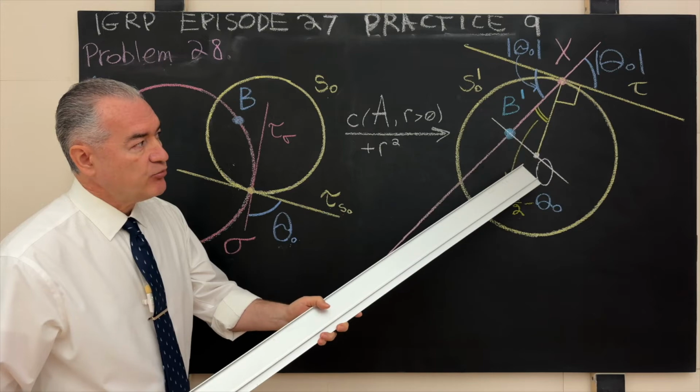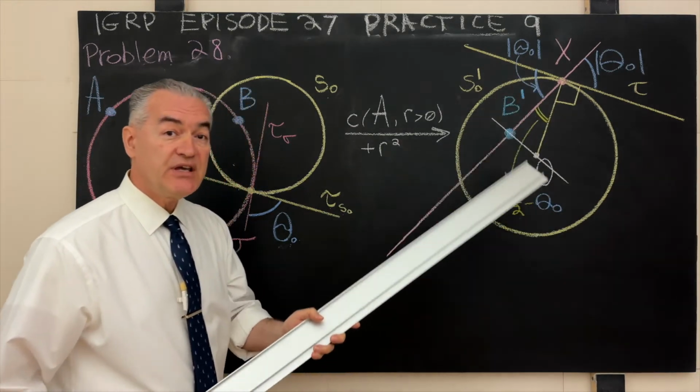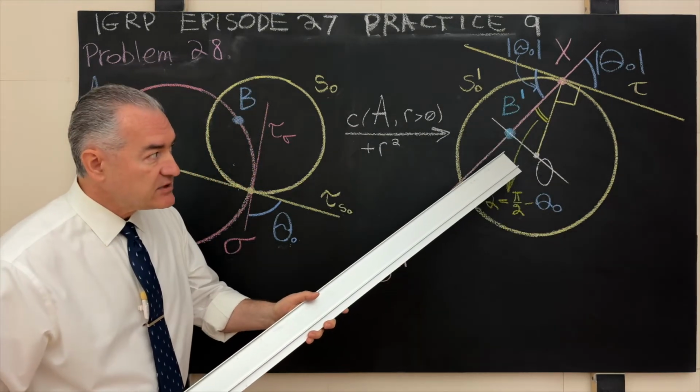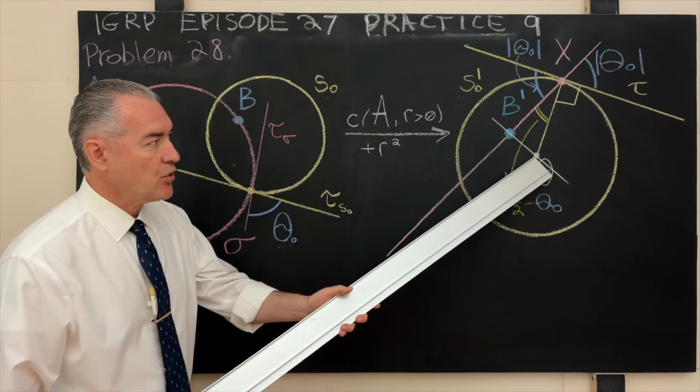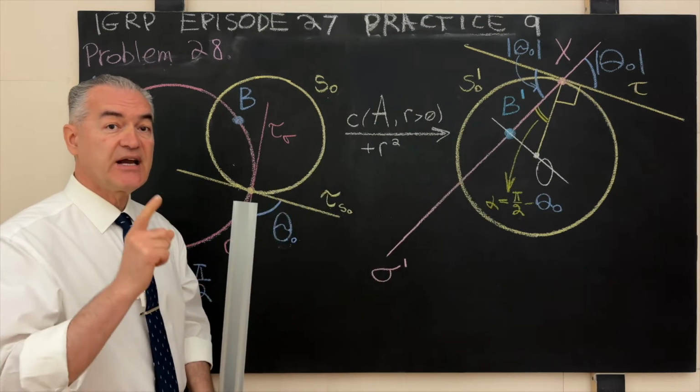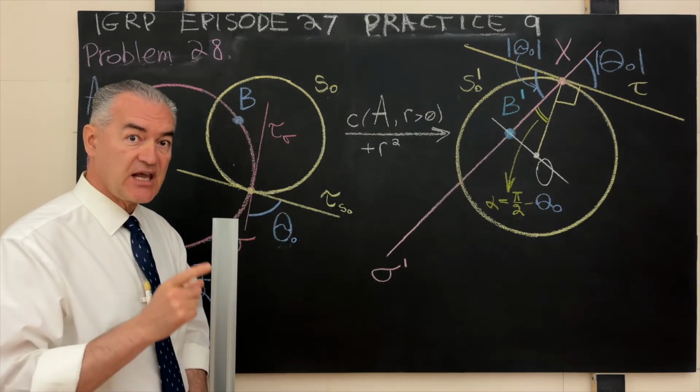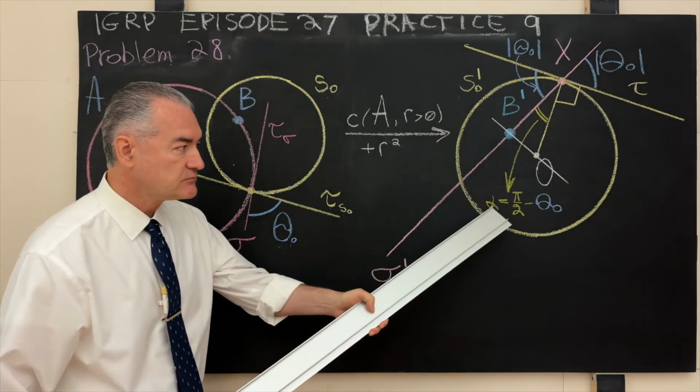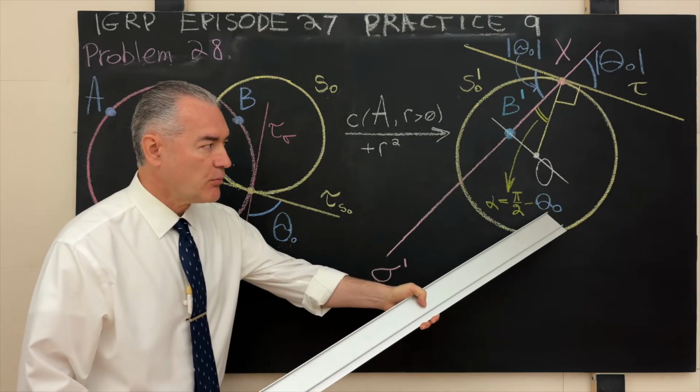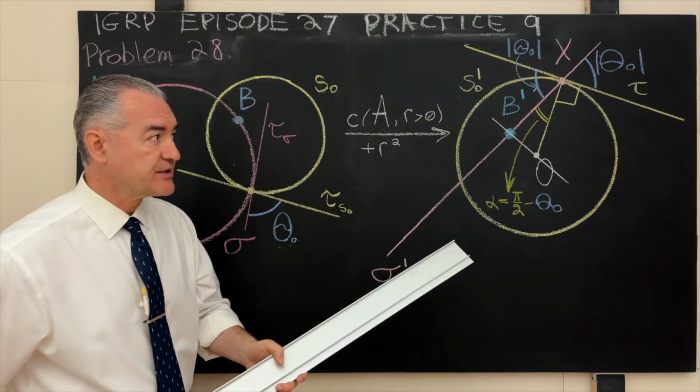What is the set of points in the parent plane from each of which the given line segment, such as the line segment OB, is seen under a constant, one and the same angle, alpha, which is pi over 2 minus theta 0? Well, we know the answer to that question.